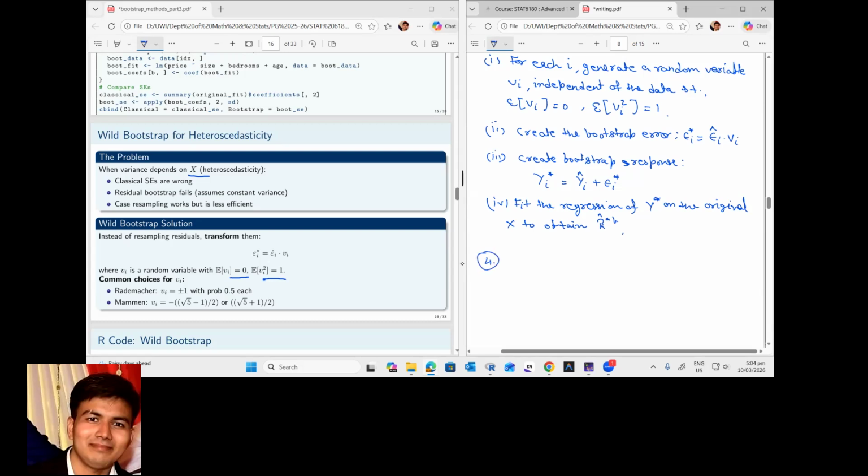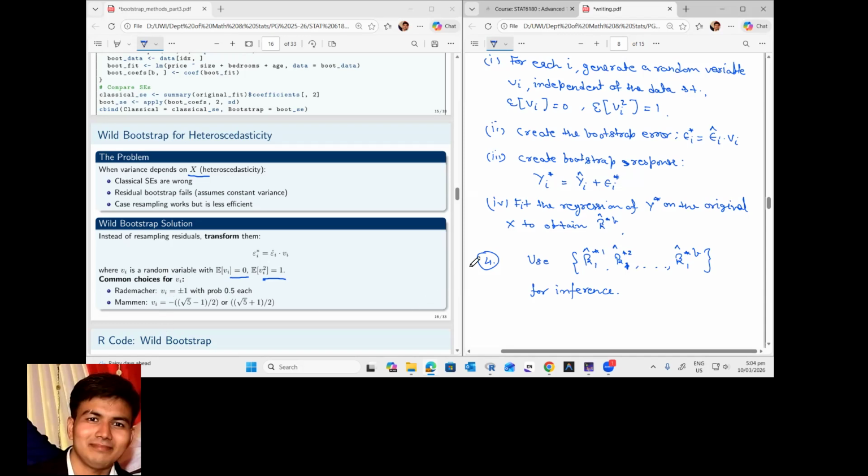And then in the fourth step, use the estimated beta 1 cap star 1, beta 1 cap star 2, up to beta 1 cap star B for inference. All right, that will be your model.